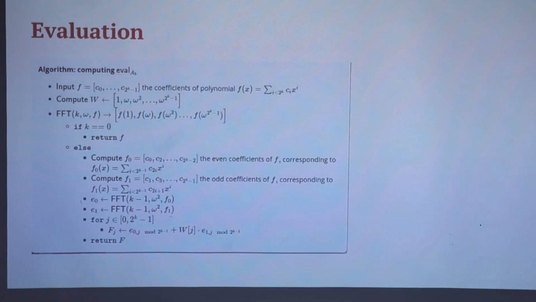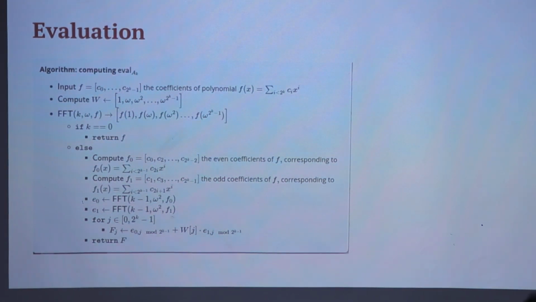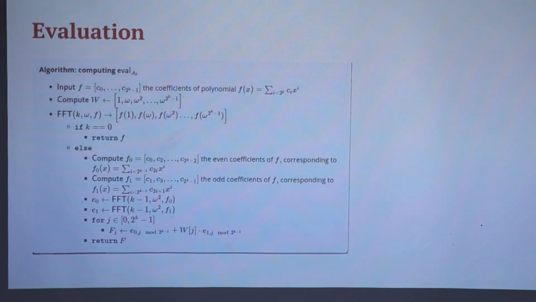So this is just a0 plus a2x squared dot dot dot plus x into a1 plus a3 x squared, so on. So I'll call this polynomial even of x squared, and I'll call this polynomial odd of x squared.